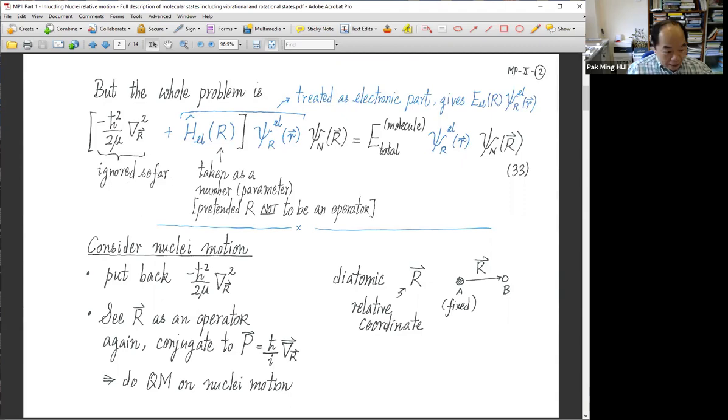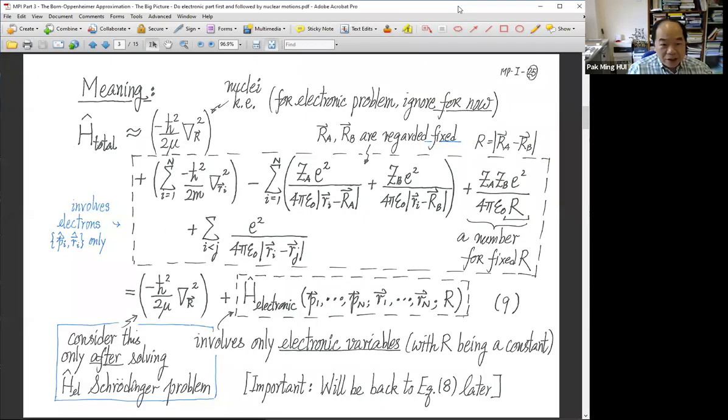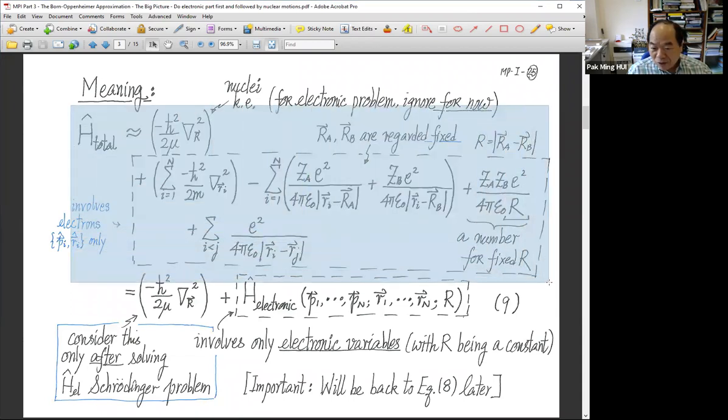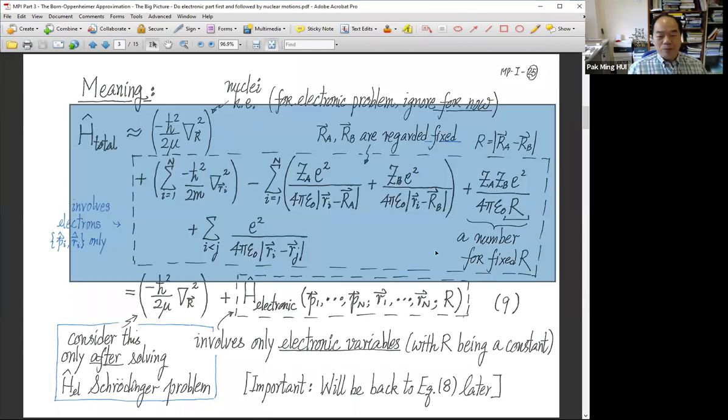So let me go back one page in the early part so that you know where we are. This is something we discussed about 1.5 weeks ago. This is the full Hamiltonian of a molecule.